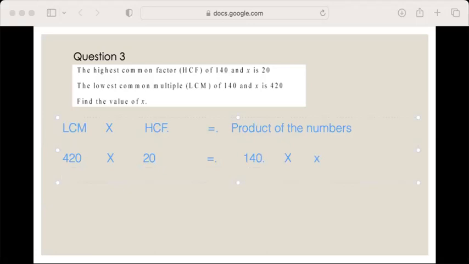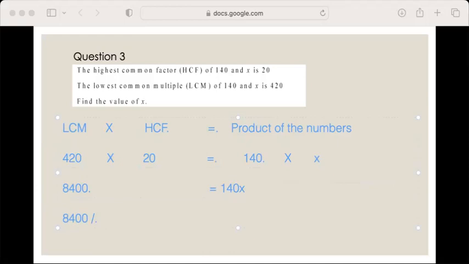So 420 times 20 is 8,400, right? Which is equal to 140 times x. So that means 140x. So what we do now, we bring the 140 to the other side. That becomes division.